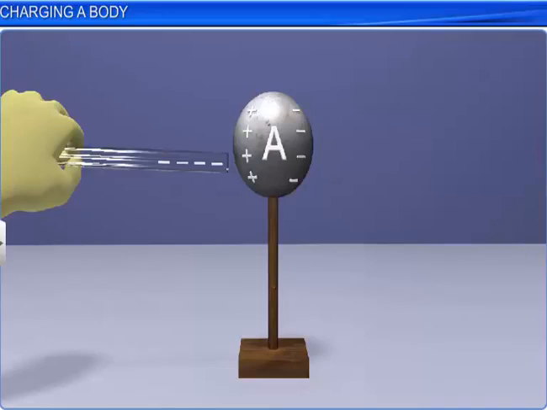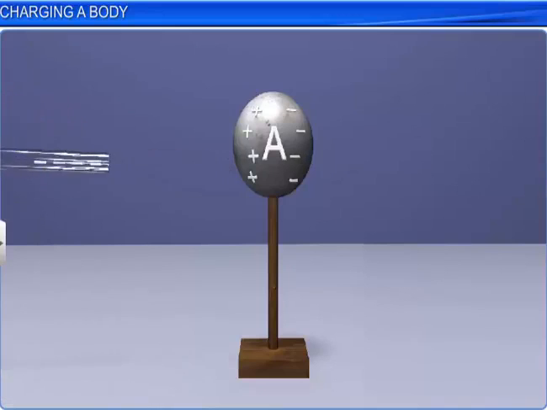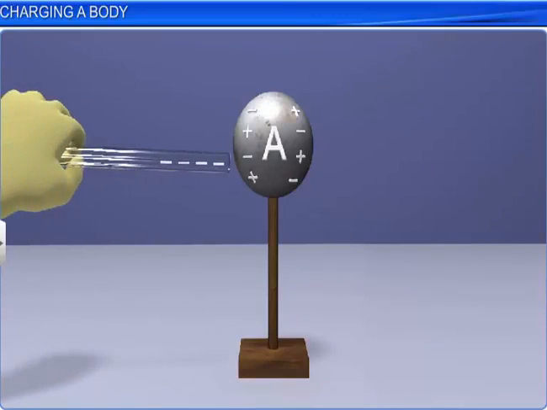This charge is temporary. That is, if we move the rod away, the sphere returns to its original uncharged state. When the negatively charged rod is held close to the metal sphere, the charges in it are polarized due to induction.